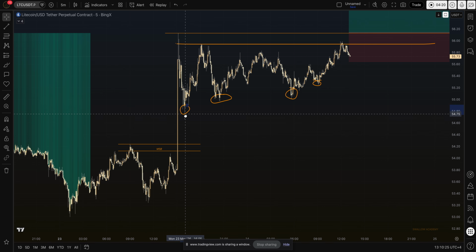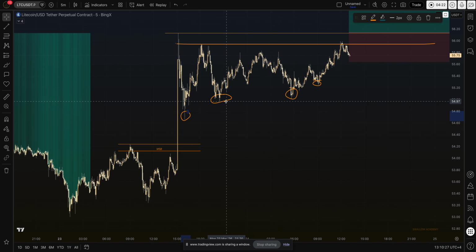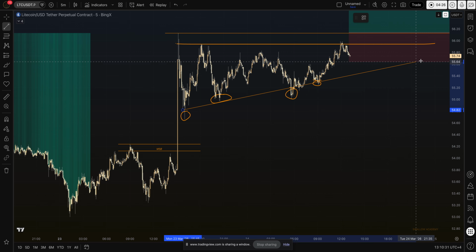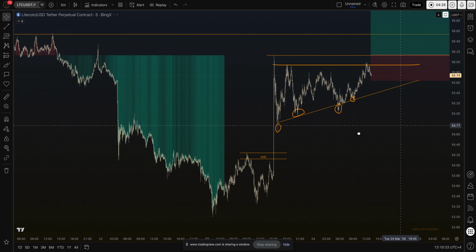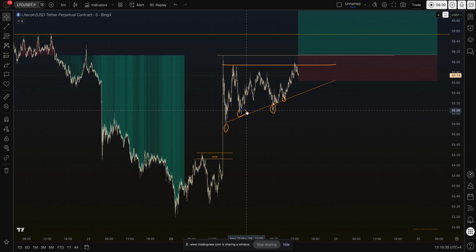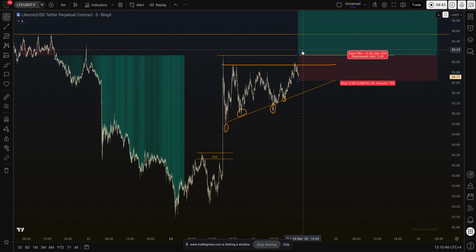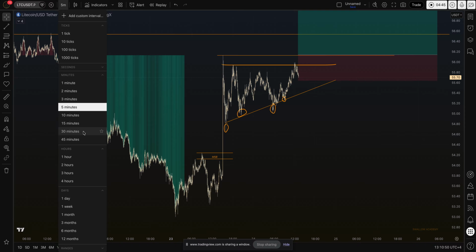If we drag some random lines which aren't so random, we can see that we are in some kind of sideways channel with sellers showing pressure, but with each sell side momentum it's getting weaker and weaker. So most likely we're going to see this breakout structure here, which we are waiting for as well.